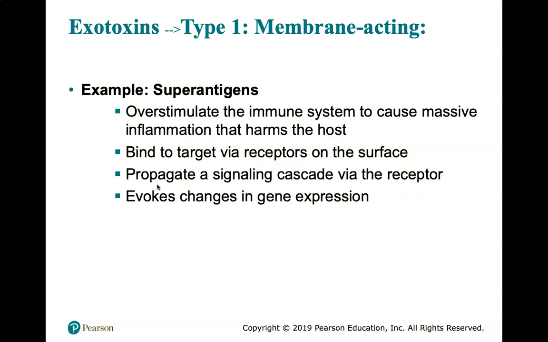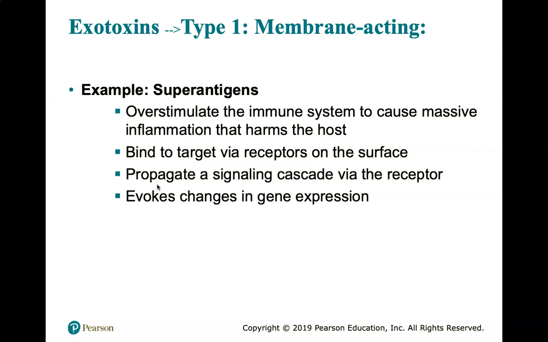And when these signals act, it actually changes gene expression. And the more of a change you get, the stronger the response usually is from the immune system, which can again damage your own body because they're overstimulating it, the immune system. Overstimulation can lead to damage.